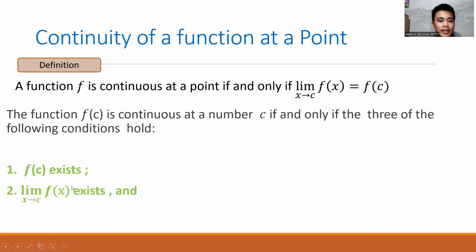Second, the limit of f of x as x approaches c also exists. And the third condition is the limit of f of x as x approaches c is equal to f of c. So these three conditions should be satisfied so that we can say that our function is continuous at a point.